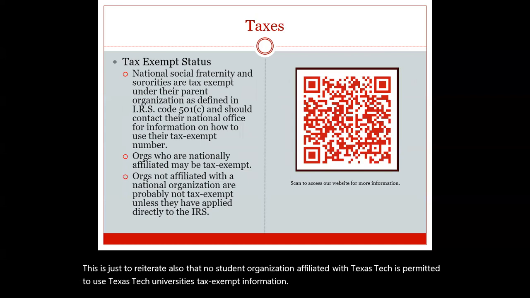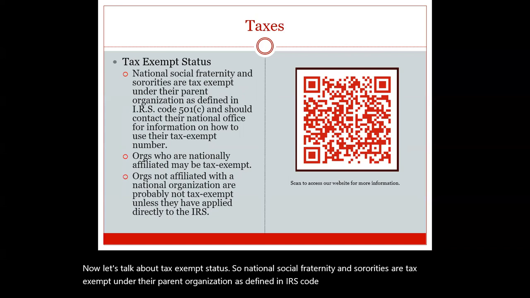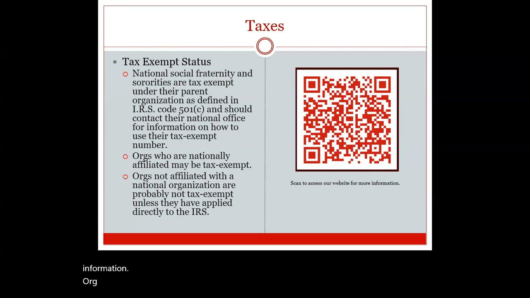Now, let's talk about tax exempt status. National social fraternities and sororities are tax exempt under their parent organization as defined in IRS Code 501(c). These organizations should contact their national office for information on how to use their tax exempt number. Orgs who are nationally affiliated may be tax exempt.